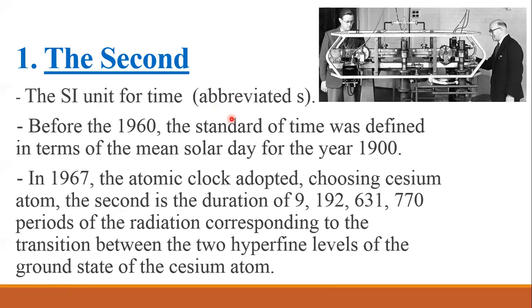Okay, so the SI unit for time has a long story. For many years, it was defined as 1 over 86,400 of a mean solar day, for the year 1900. More recently, a new standard was adopted to gain greater accuracy, and to define the second in terms of a non-varying or constant physical phenomenon, because the solar day is getting longer due to the very gradual slowing of the Earth's rotation.